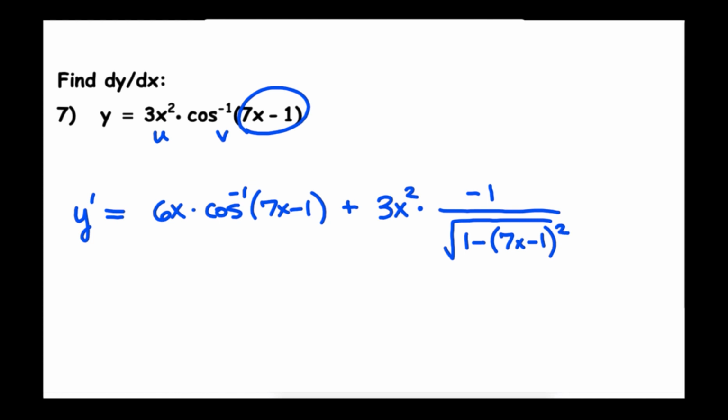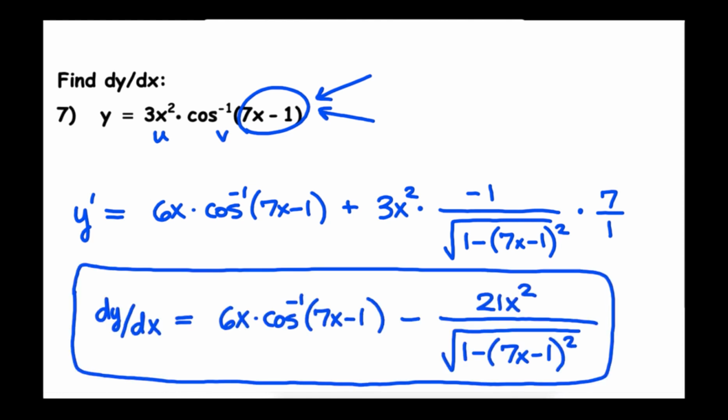And then times the chain rule of this, if this has a chain rule, which it does, so times 7. I'll just throw the 7 over here. And then that second part can be kind of cleaned up a little bit. It's going to be minus 21x squared in the numerator. And there's our not too attractive yet correct answer.